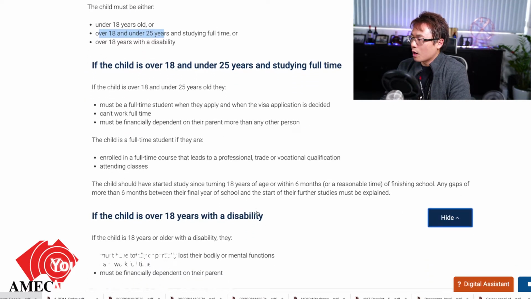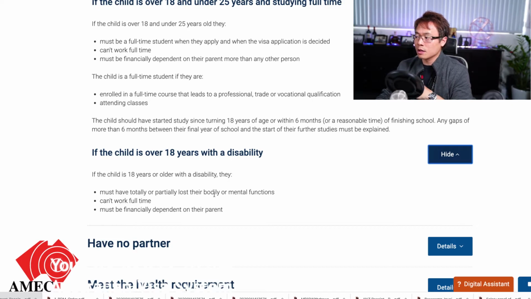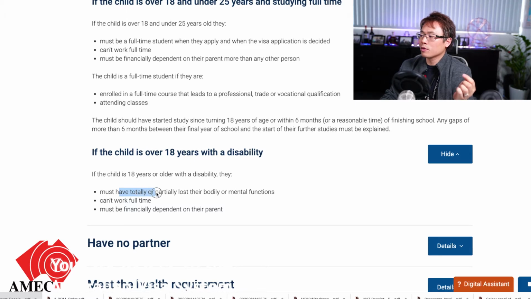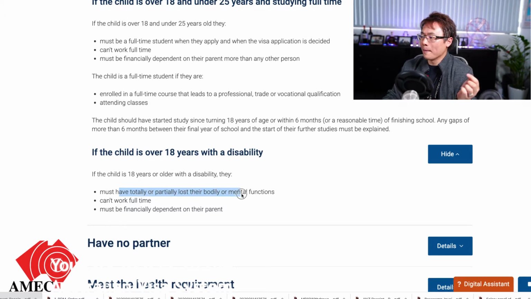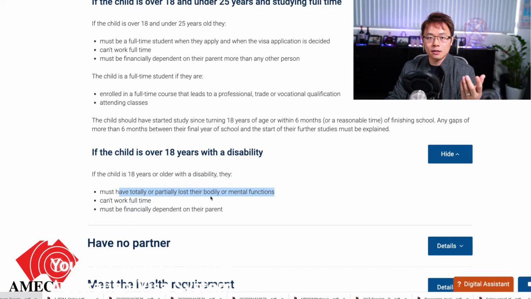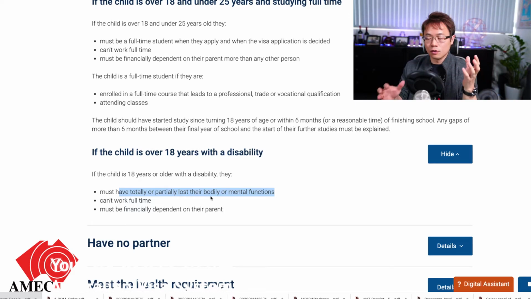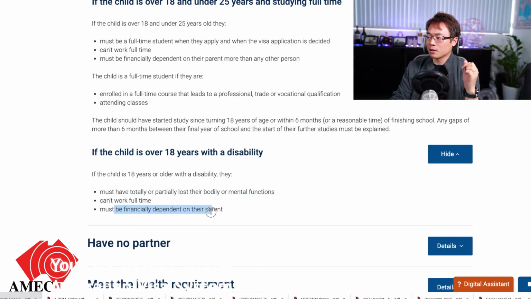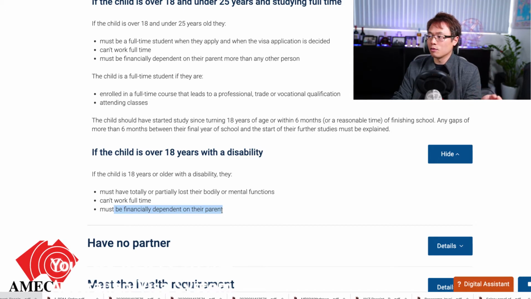Now if the child is disabled, there is a definition here. It says they must have totally or partially lost their bodily or mental functions, meaning you are dependent on the care of your family and you can't work full-time, financially dependent on the parents. Then obviously you will meet that mark as well.